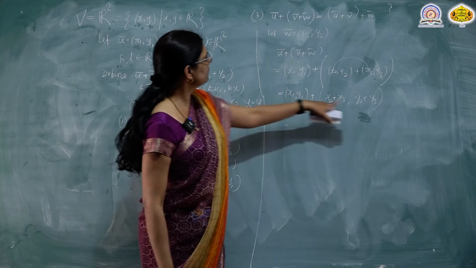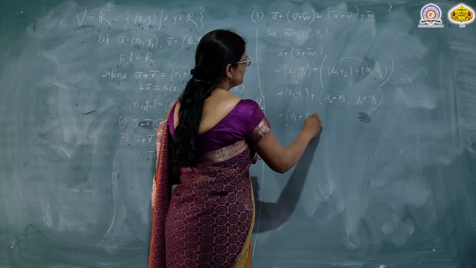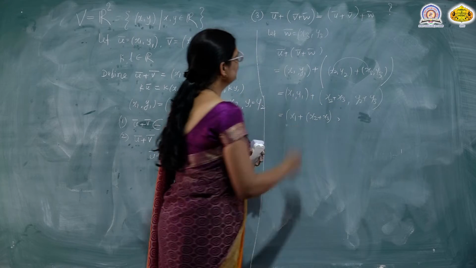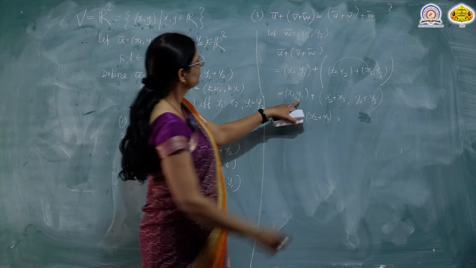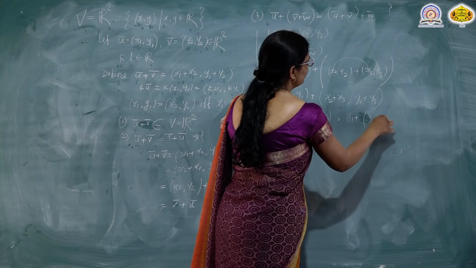Then again use the definition of addition. This can be written as x1 plus in bracket x2 plus x3 comma, next component y1 plus in one bracket y2 plus y3.